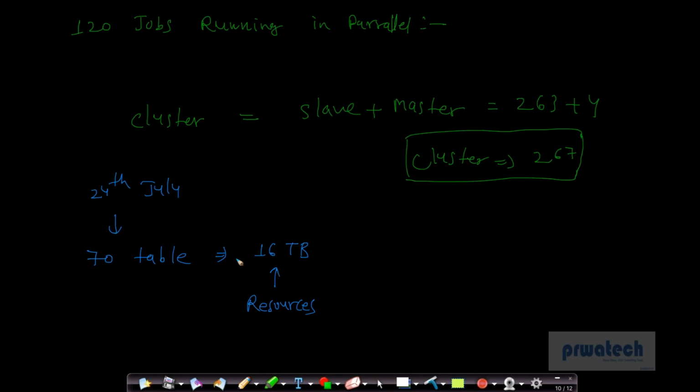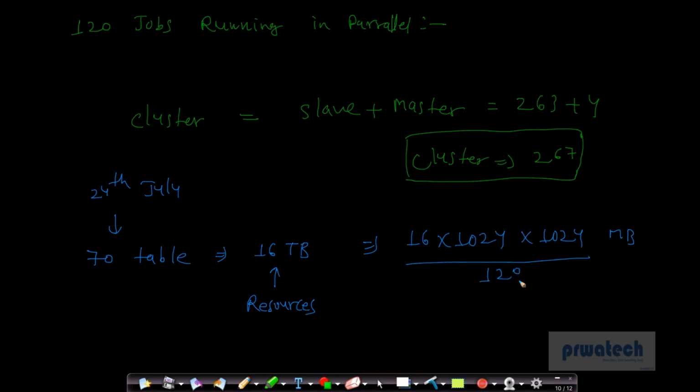If 16 TB is the size of data which I'm expecting today using all these scripts, 16 into 1024 is in GB, and then again 1024 is in MB. I'm converting this to MB. So 1024 first I converted to GB, then again 1024 converted to MB. Basic math.